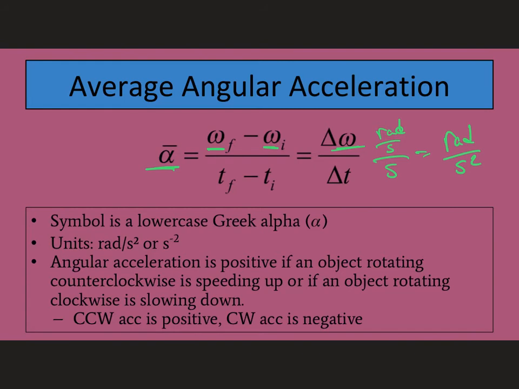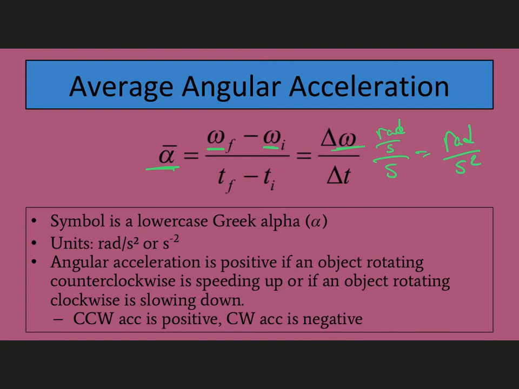We're going to maintain counterclockwise as our positive direction, and clockwise as our negative direction. But again, as we consider linear or translational acceleration, a positive angular acceleration is an acceleration that is occurring in the counterclockwise direction.